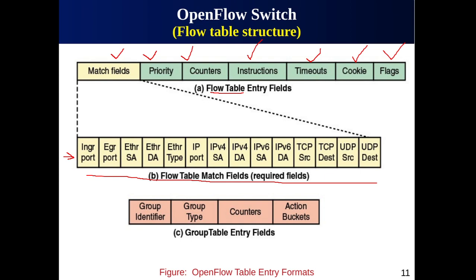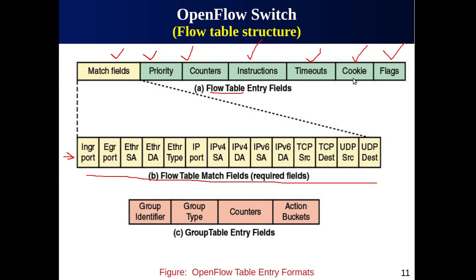There are two types of timeouts: one is known as idle timeout and the second one is known as hard timeout. There is a little difference between the idle and hard timeout. We will not go into the detail, but if somebody is interested, you can raise the question during the class. What is the difference between the idle and hard timeout?